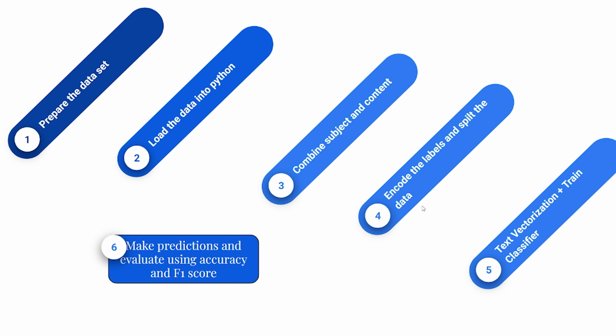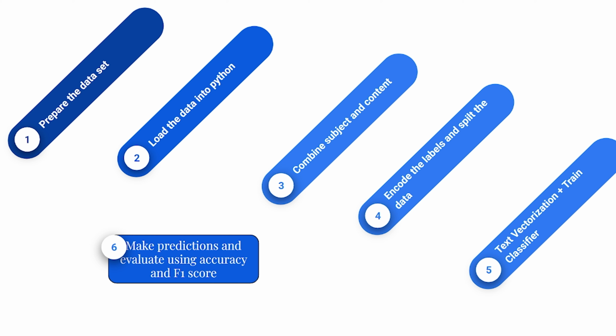Encoding means we have to convert the text labels into binary, and only then can we categorize which kind of emails come under spam and which kind come under safe, normal emails. So we encode all the labels and split the data into a data frame. That is the fourth step.